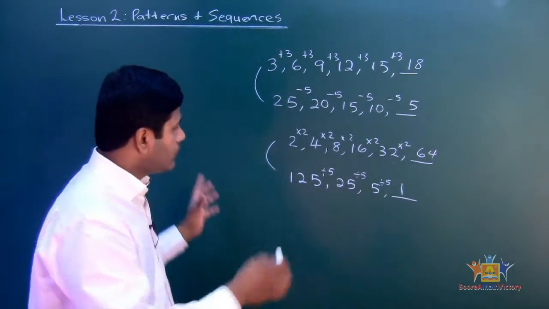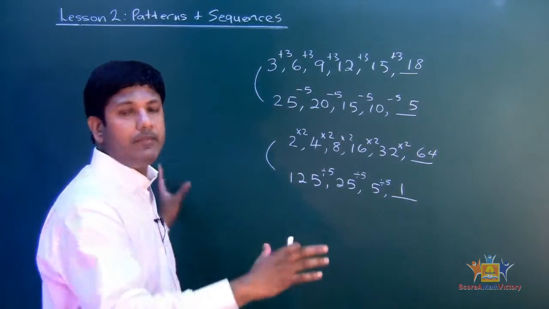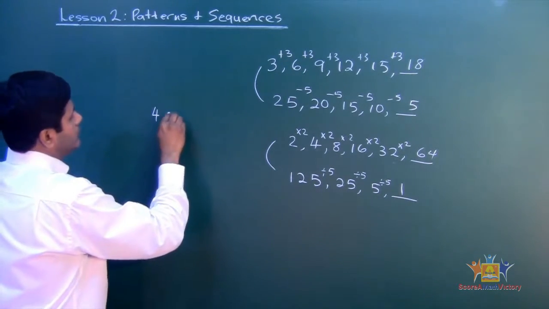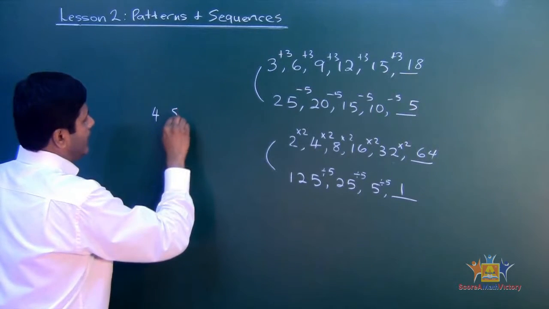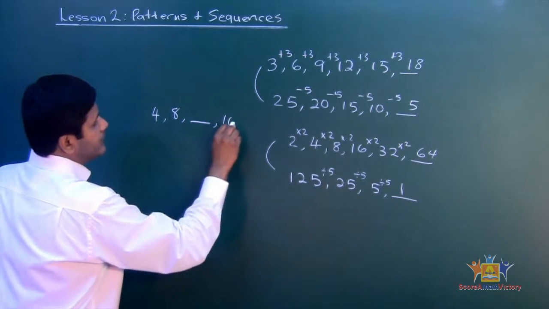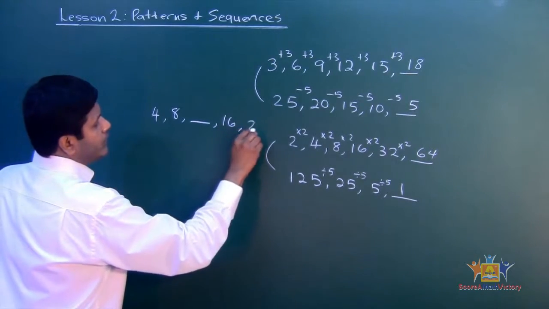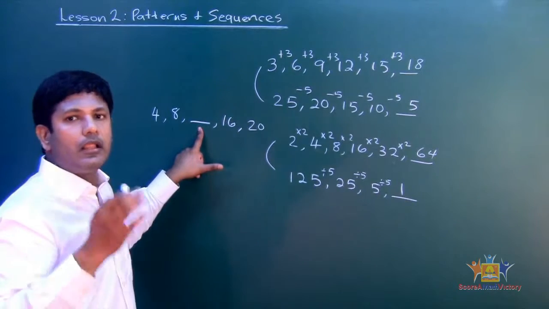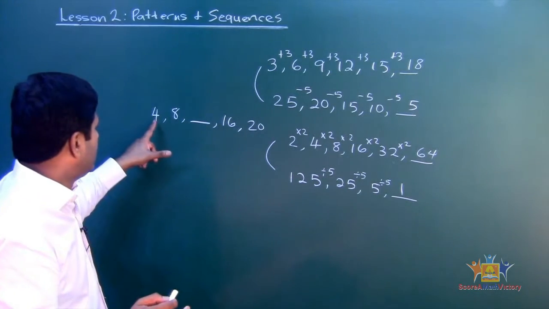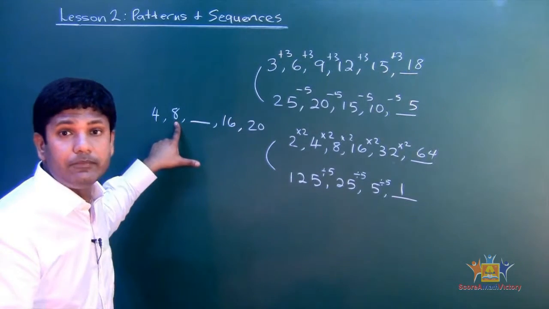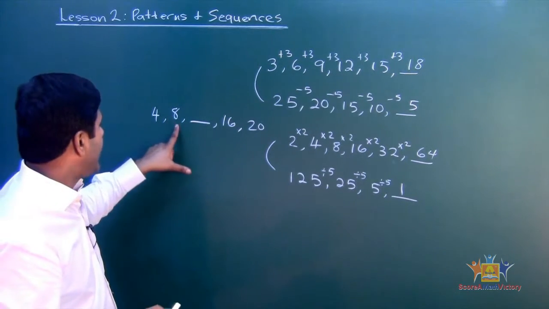Okay, now let me give you a problem. Let's say I give you 4, 8, and then 16, 20, and ask you to find the missing number. Now be careful here. There's a chance you may say, well, it looks like 4, 8, 4 times 2, so this must be 8 times 2.